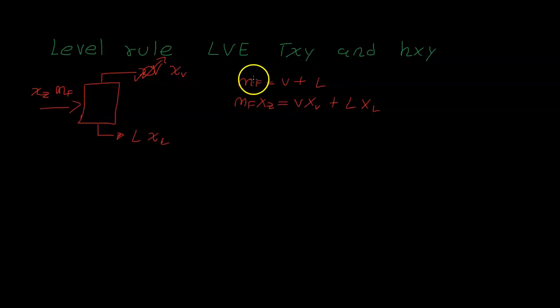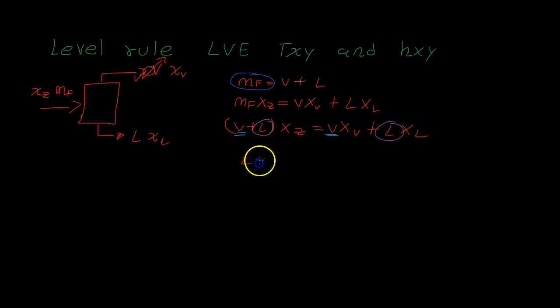Now let's plug this MF into the second one, and then combine the V's and the L's. So we end up with something like L(HL - HF) equal to V(HF - HV).